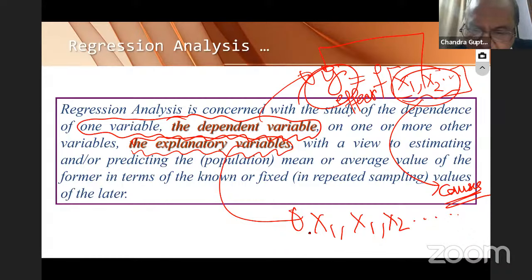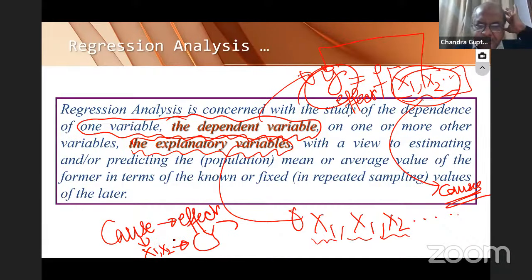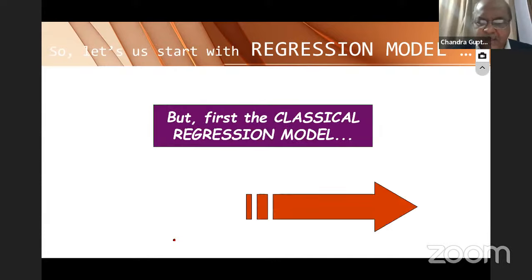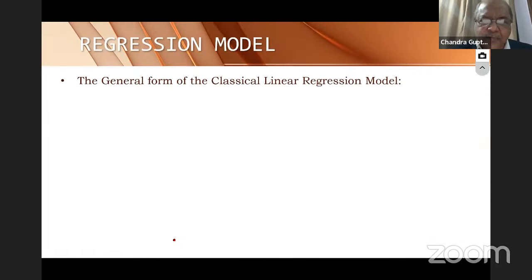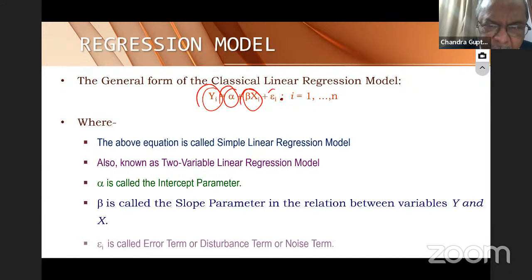So regression analysis is helping you to study cause and effect relationships, where effects are denoted by Y, causes are denoted by X1, X2, and so on. So let's start with our regression model. First, I will be taking the simple classical regression model that says yi is equal to alpha plus beta xi plus error term.